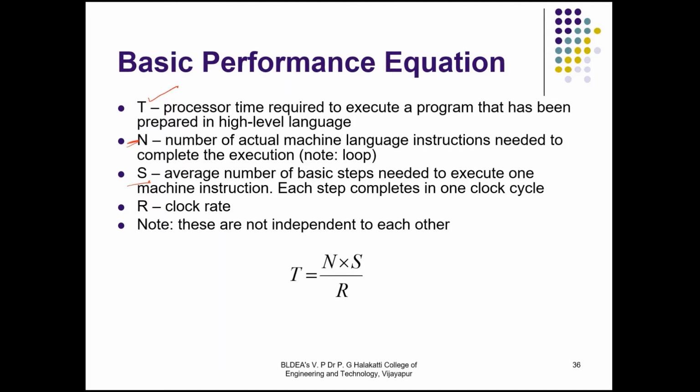If the clock rate is R cycles per second, the program execution time is given by the equation T equals N times S by R, and this is often referred to as the basic performance equation. The performance parameter T is important here. Now, how do we improve the performance T?